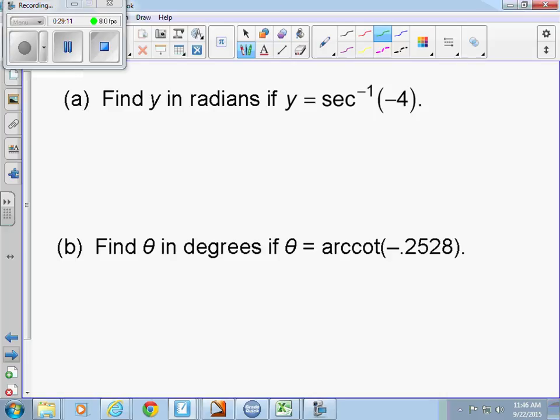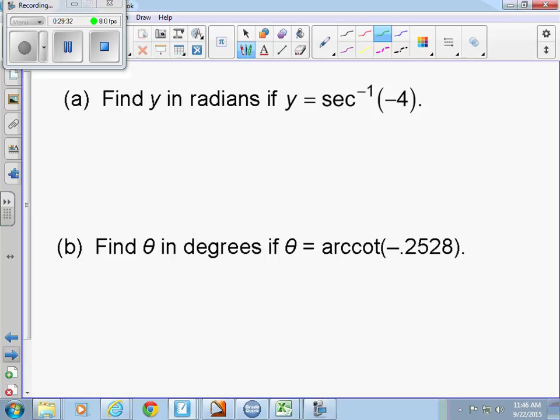This one's interesting because it is a calculator question. These are easier by hand, a little bit, maybe a lot. So the calculator actually is the toughest question.